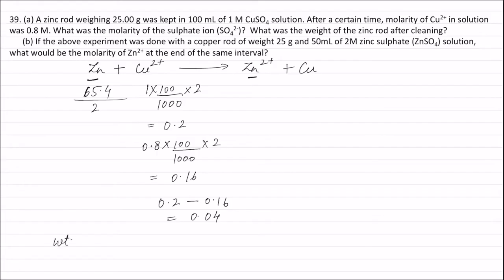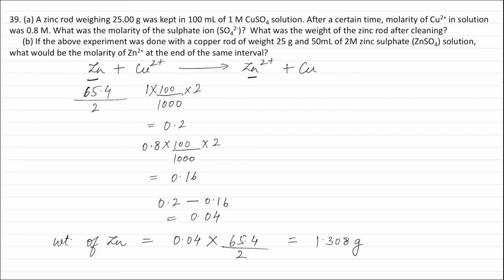Therefore, weight of zinc that changed from zinc to Zn2+ ions will be equal to equivalents of zinc, that is 0.04 equivalents, into equivalent weight of zinc, that is 65.4 divided by 2, and this is equal to 1.308 gram.